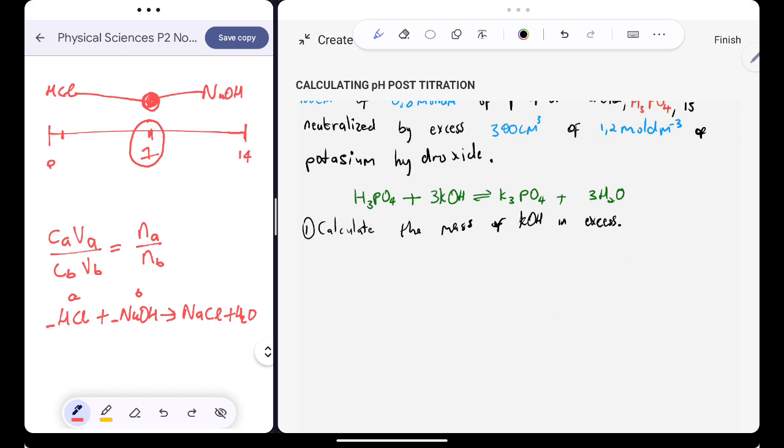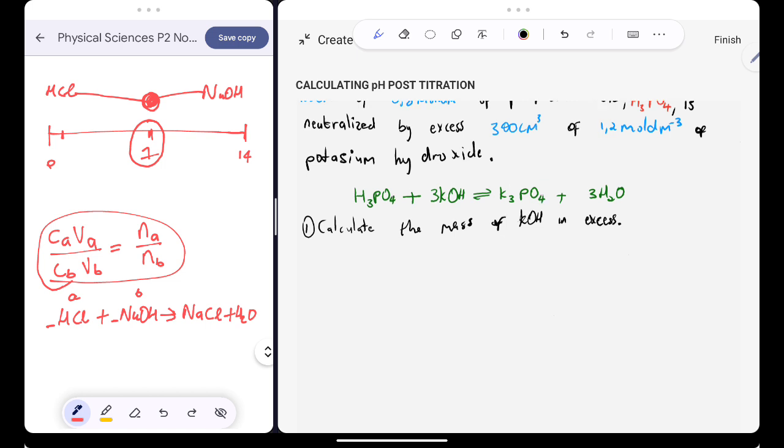Are you together? So for us to use this equation, you will be given three of the things, and maybe you are short of one thing. Either your base will be a standard solution or your acid will be a standard solution. Let's say your acid is your standard solution, and you are given the volume of your base. You are supposed to find the concentration of your acid.